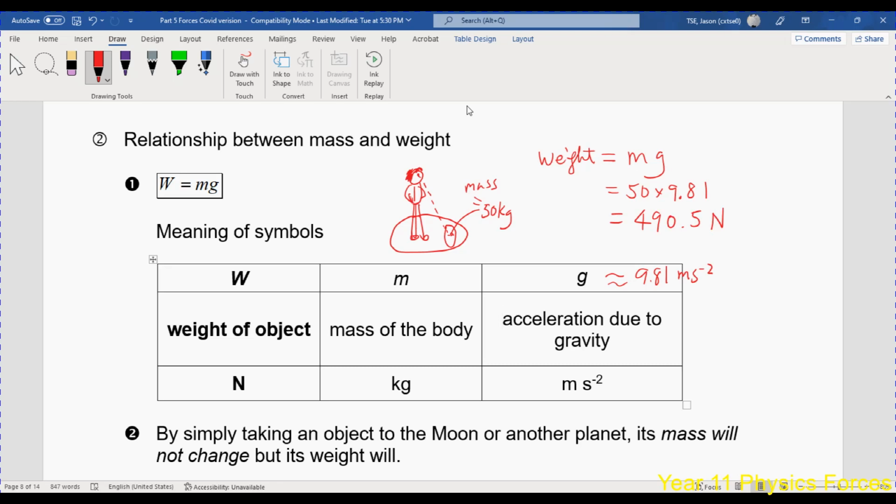So next time when someone asks you your weight, for example, someone asks, Victor, what's your weight? And Victor can say, my weight is 490.5 Newton. That's quite scary, because normally when you are talking about weights, they assume you are talking about kilogram, but in physics it's in Newton, and they might not know what Newton is, so it's kind of a funny thing to do.